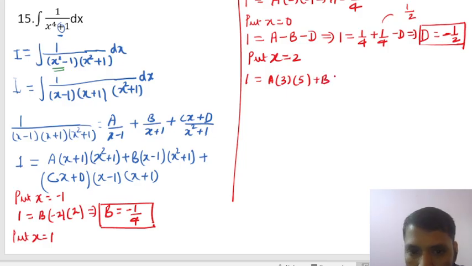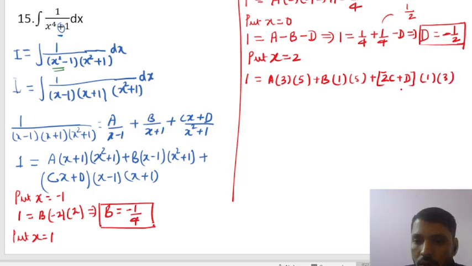B will be multiplied with what? So 2 minus 1, so it is 1, and 5. But with this c, here what we are getting, it will become 2c plus d, right? And here it is going to become 2 minus 1, so 1, and 2 plus 1, 3. So we have these values.